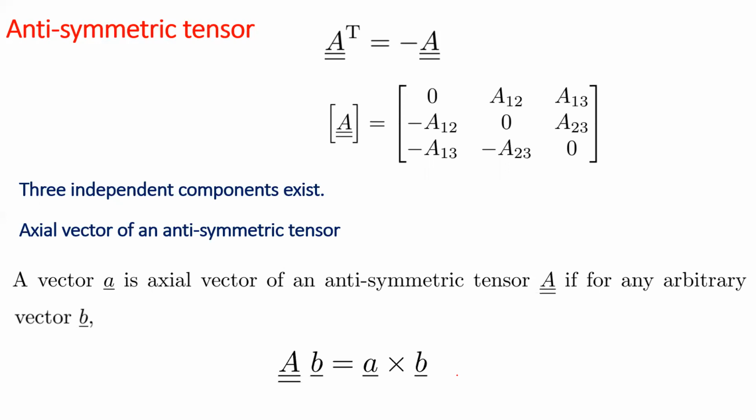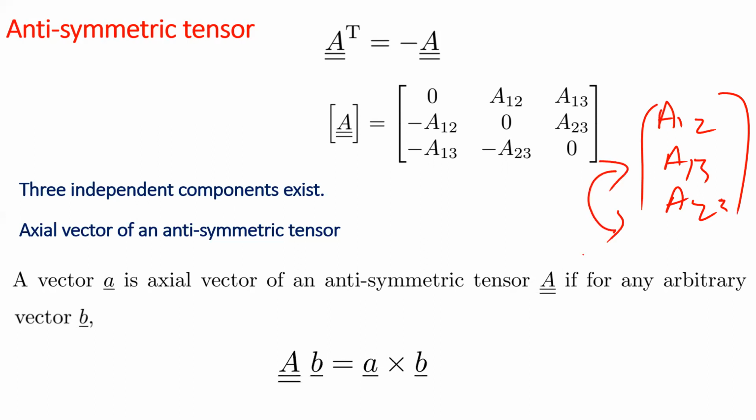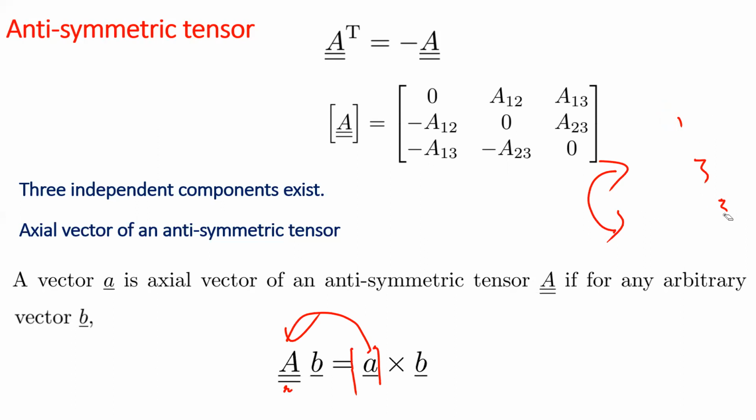What is the corresponding axial vector here? A12, A13, A23. Depending on which book you're using, some order may get interchanged. That's all right, but at the end of the day, it boils down to this. Mathematically, this is how the axial vector is derived. In fact, this is how you can identify the components of small a from this particular definition, and accordingly you can construct your vector.